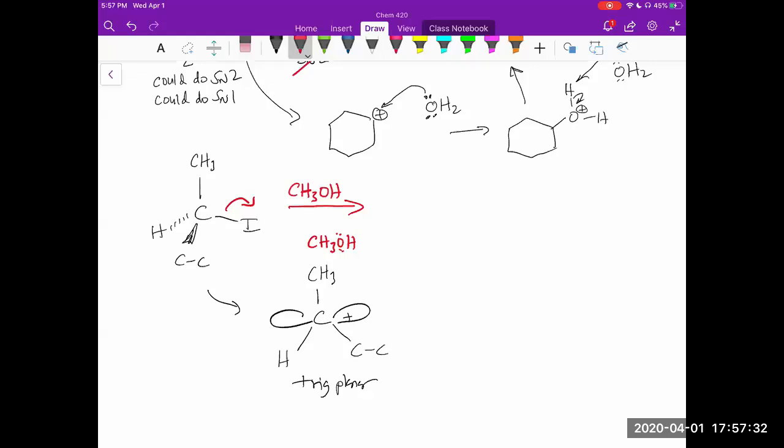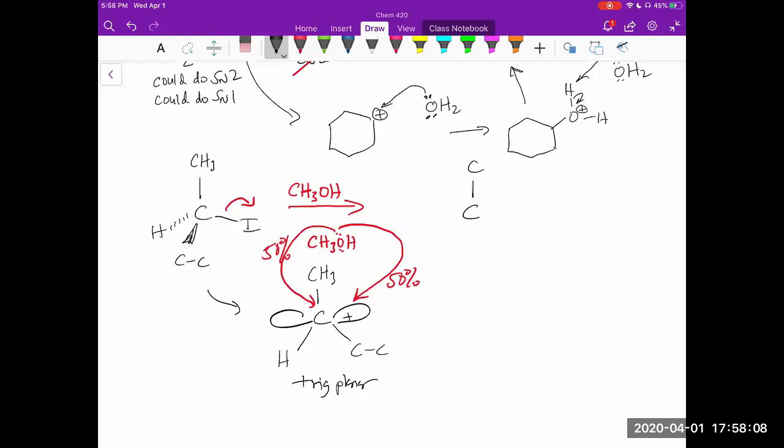So the O could attack there 50% of the time, or it could attack there 50% of the time. If you hold your hand out flat and picture a p orbital as a pencil going through your hand, the nucleophile doesn't care if it attacks the top of your hand or the bottom. It's the exact same. So you actually end up with a mixture that's 50-50.